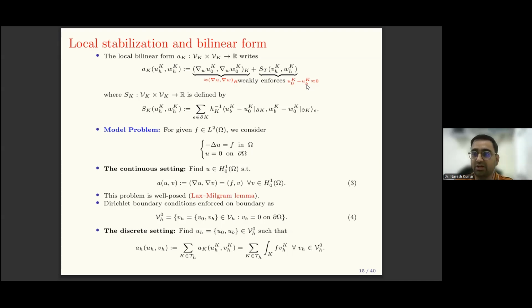So our target is to add the stabilization term in such a way that when we take the difference between U naught and UB in some norm, it should be less than some tolerance, so it approximately goes to zero. For that we define the stabilization part this way on edges. So this SK is the stabilization part.